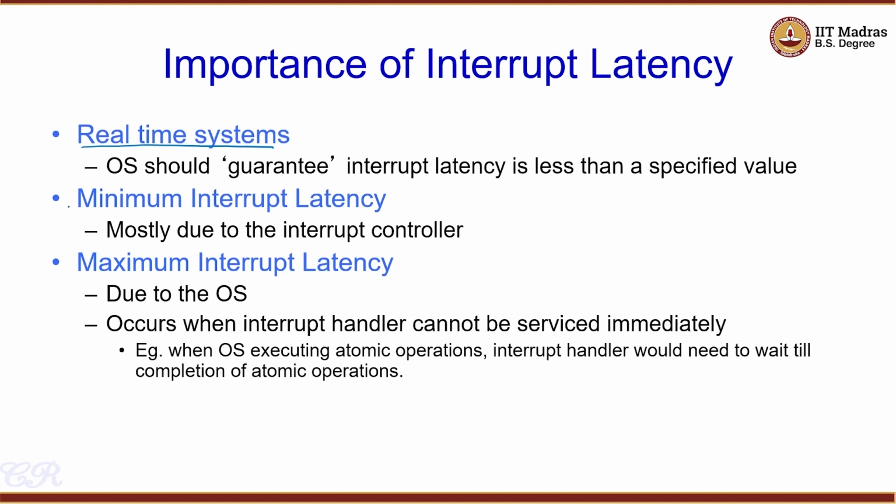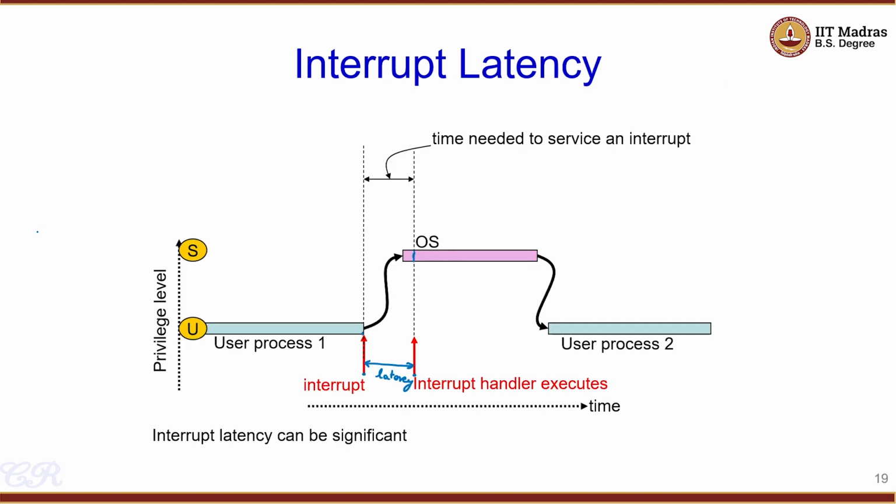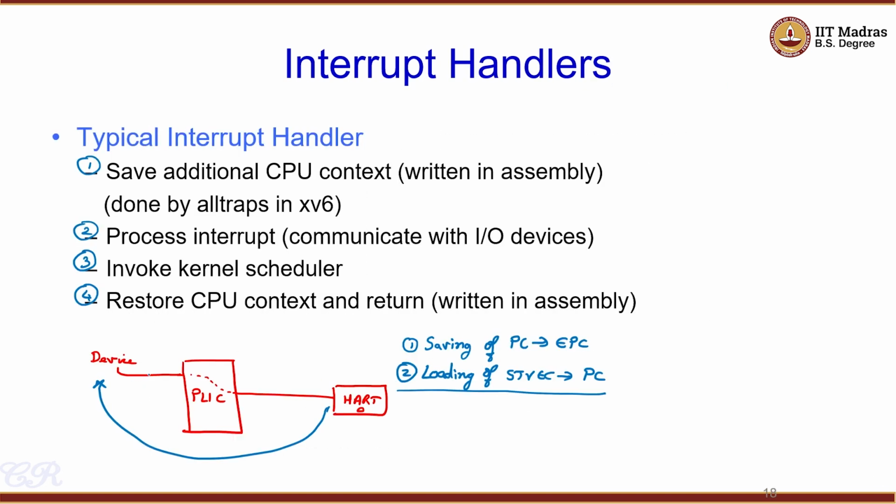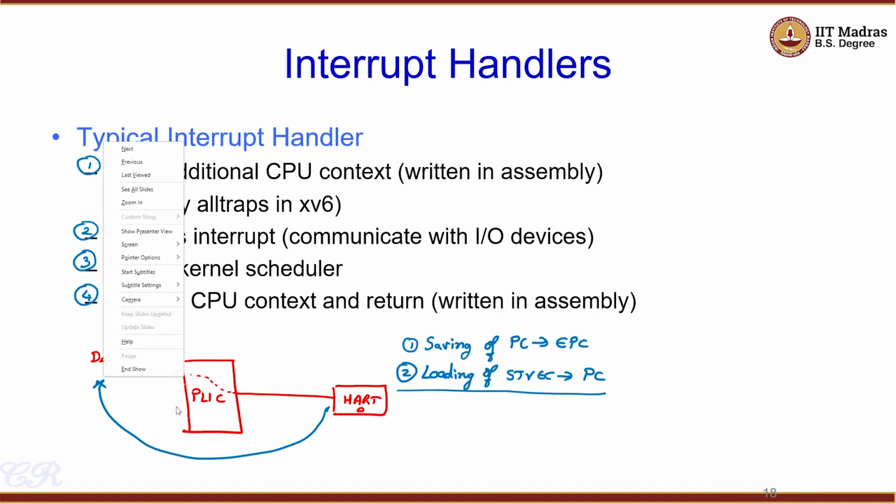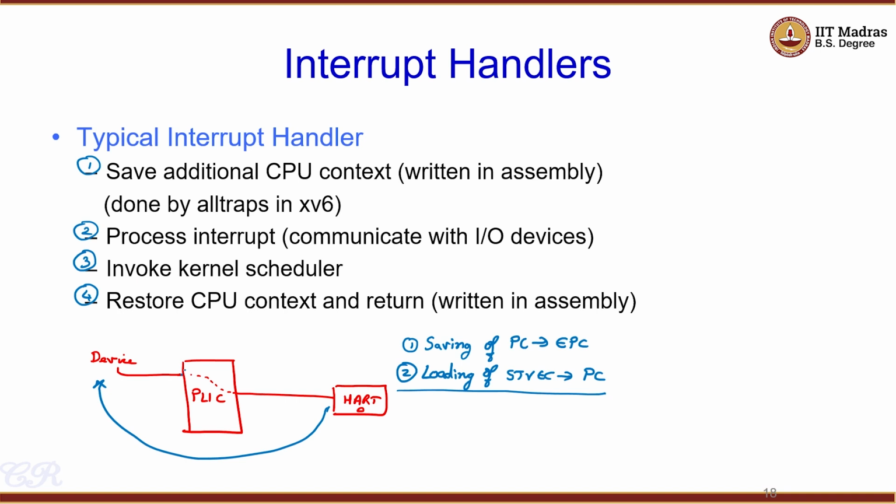Another aspect to think about is the minimum and maximum interrupt latency. The minimum interrupt latency is mainly due to the interrupt controller. That is, the minimum latency is mostly affected by the time taken for the platform level interrupt controller to channel this interrupt into the CPU core.